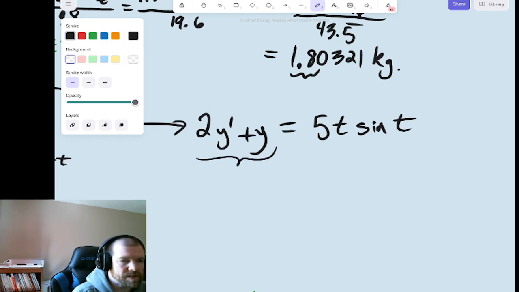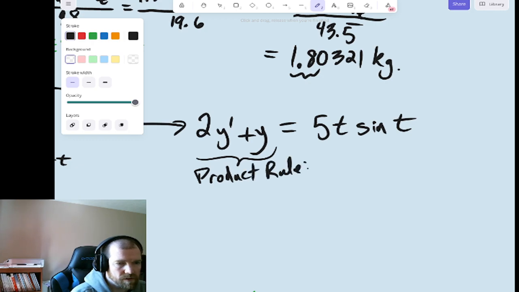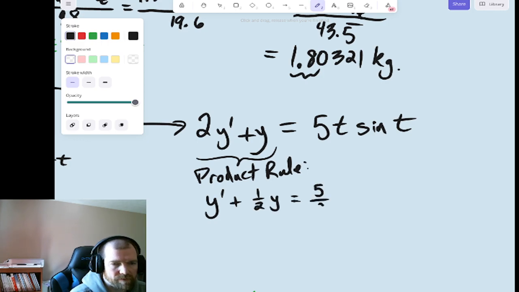So we can make this thing look like it is a product rule. So if we make this look like it's a product rule, we could say, all right, I'm going to divide through by 2 and make it y prime plus a half y is equal to 5 halves t sine of t.